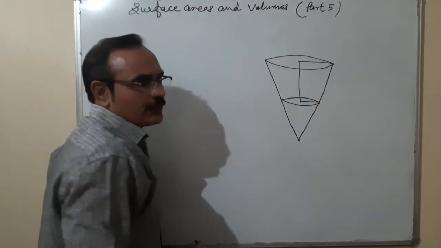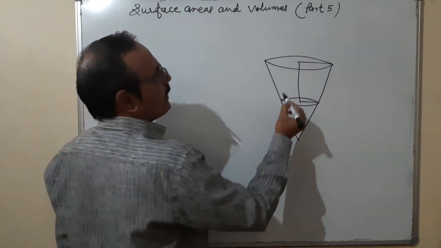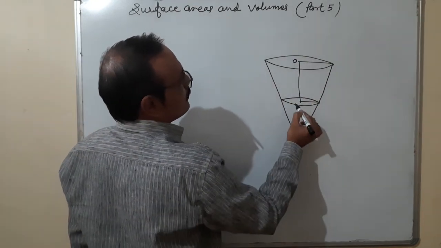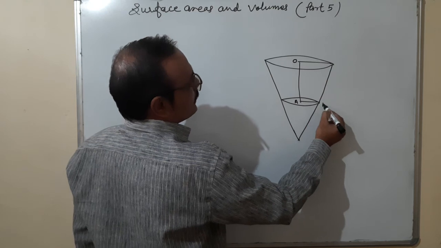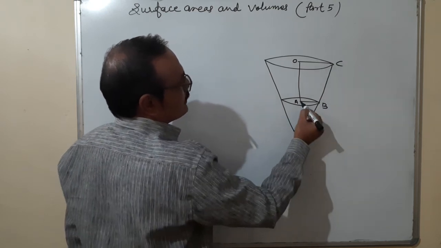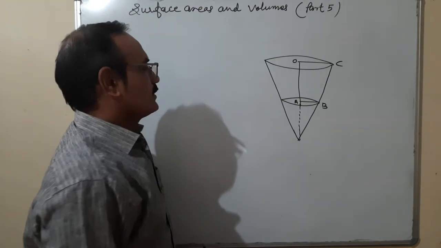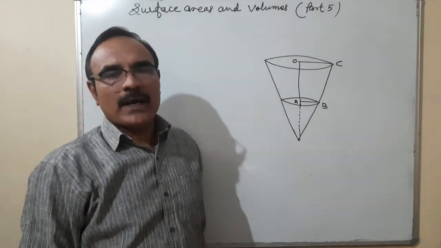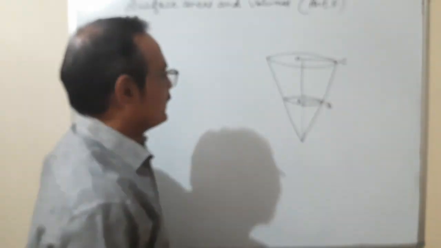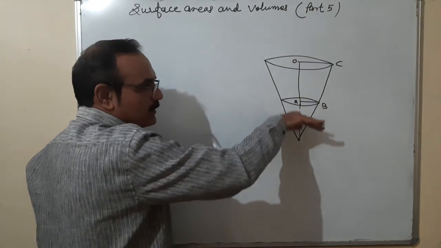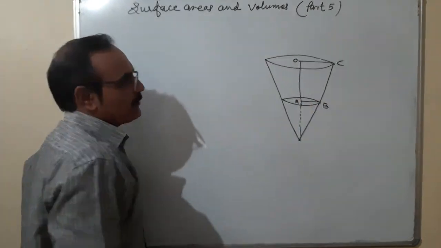This is the cone. We are finding the volume of the cone. O, A, B, C. Because as I told you, a frustum of a cone is a part of a cone. So this part will be removed, and the remaining portion is a part of the cone.